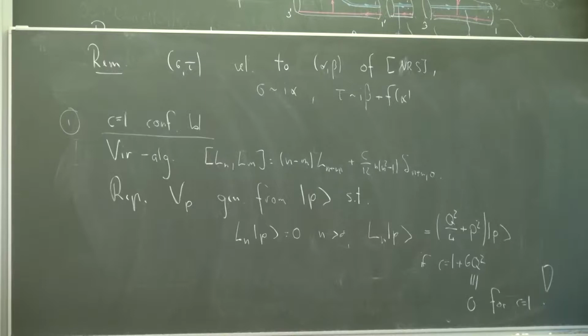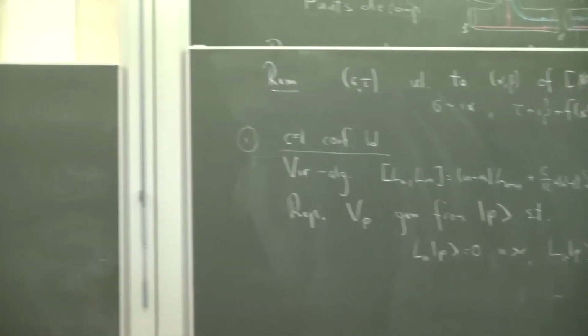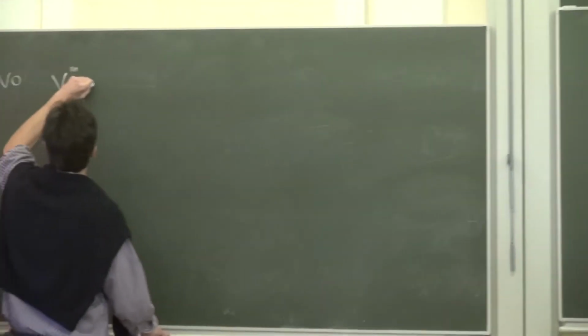We want to introduce CVO, which stands for chiral vertex operator. Notation is going to be V P2 P1. What is this guy?